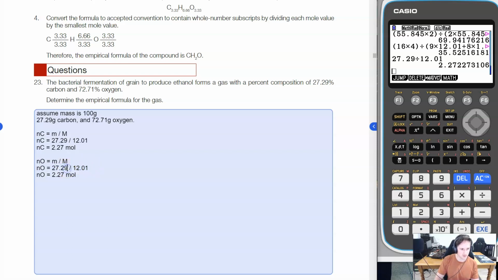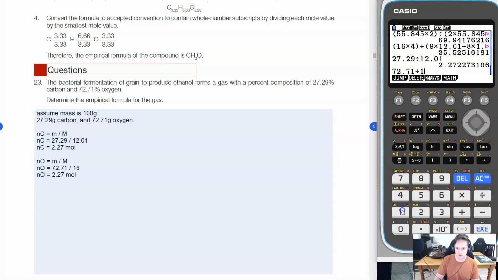So we're going to do 72.71 divided by 16. So the number of moles of oxygen is going to be 72.71 divided by 16. So that's going to be 4.54.